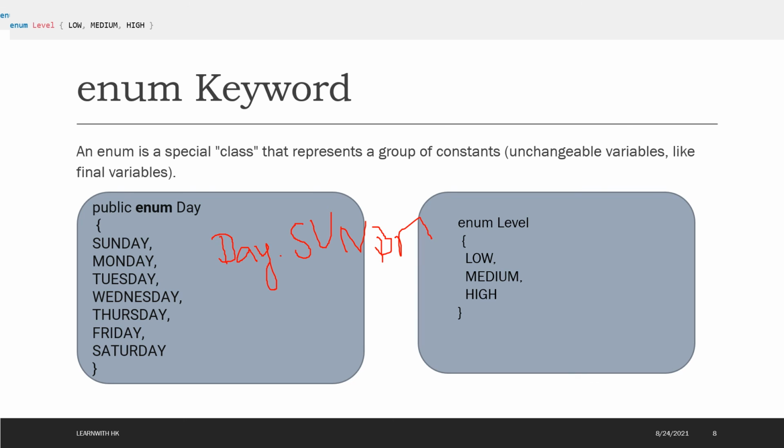So you just need to write Sunday. That's it. Please note that enum declarations are written in capital letters, like enum Day and enum Level, and those will be called with the enum name, dot, the value, and it will fetch that value.